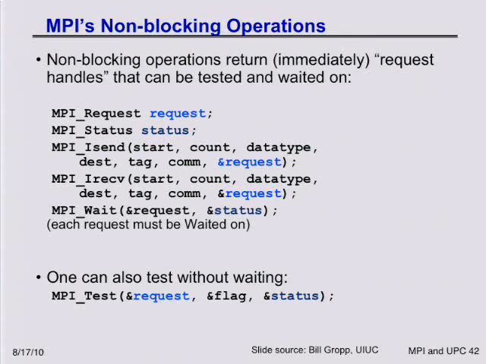When you do your iSend and iReceive, you name a particular request handler. This is the variable called request. And when you want to wait, you wait on that, which will wait on the operations that were performed with that particular handle. There's also a way of testing this, to check without waiting.